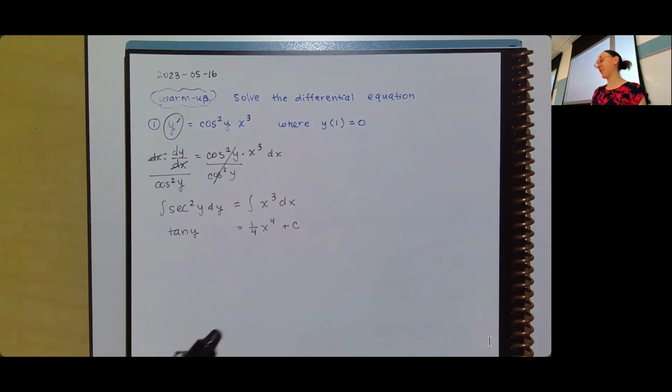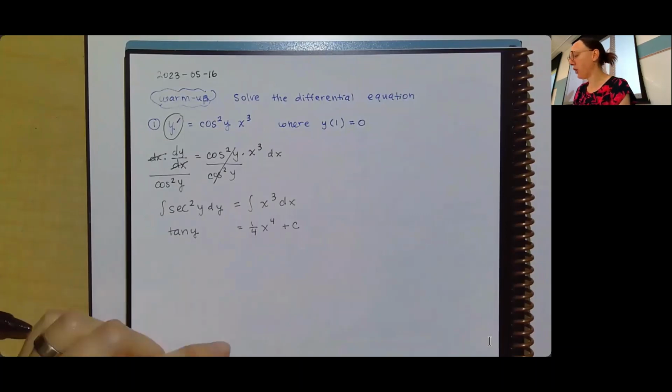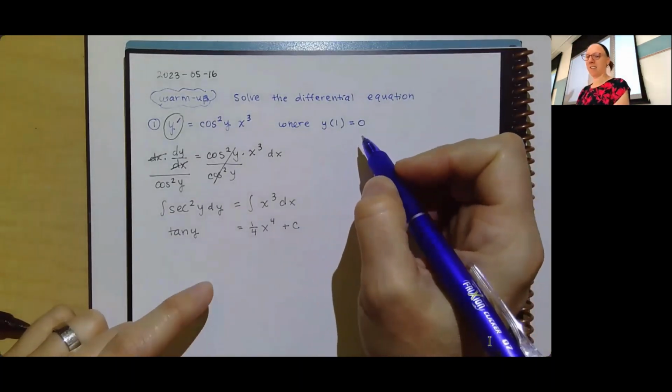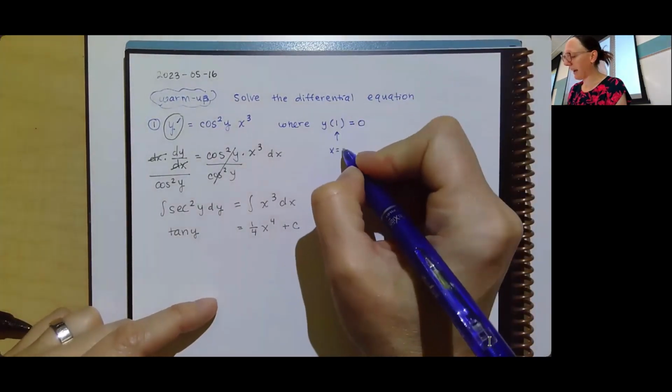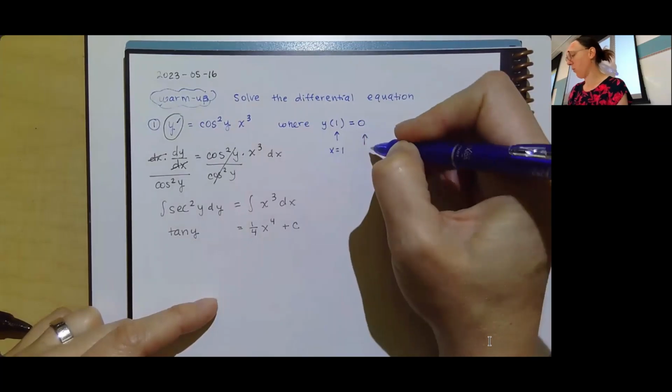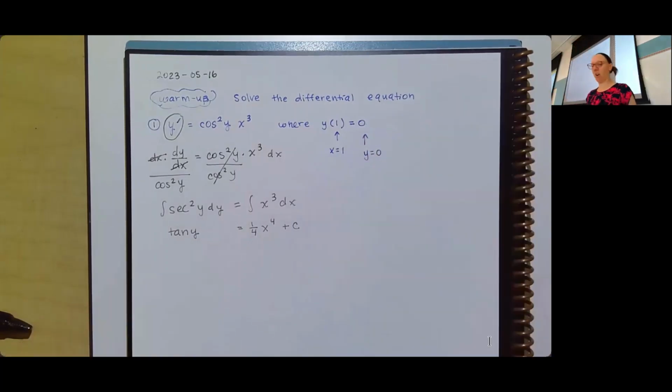I think it's going to be easier for us to plug in the point first because we have an initial condition here. Notation wise, that 1 means that we're letting x be equal to 1 and we're letting y be equal to 0.